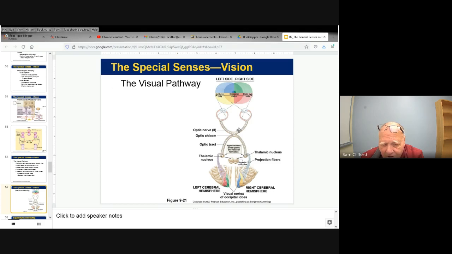Some fibers stay on the same side, so the right side will send information both to the right cerebral hemisphere and the left cerebral hemisphere. The superior colliculus, which we talked about, which is behind the epithalamus, and these specialized structures help analyze and get information to the visual cortex.